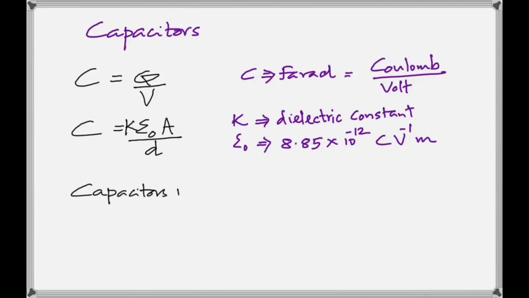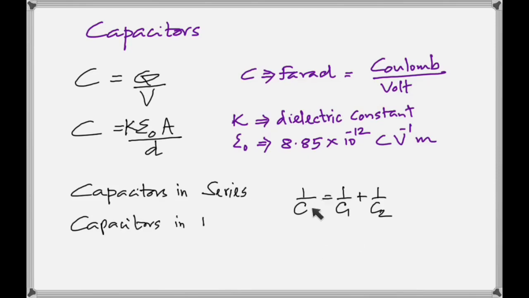And also you have capacitors that can be connected both in series and in parallel. So 1 over C, do not forget that what you have on the left side is 1 over C. And also remember that this formula is exactly opposite to the combination of resistors, right?